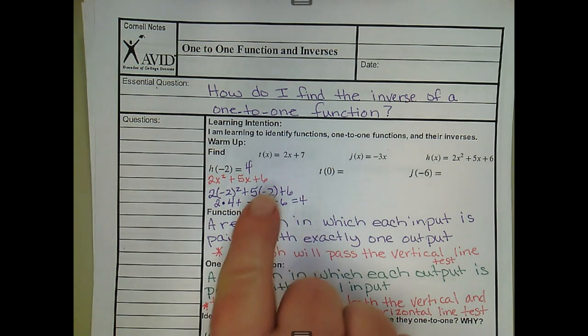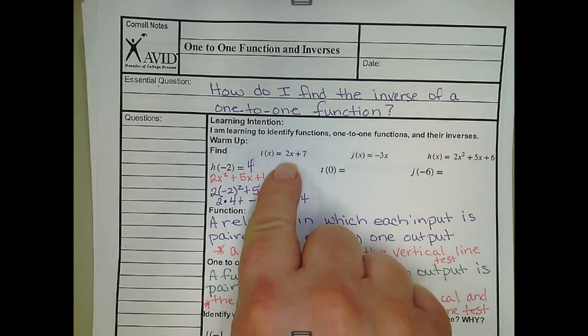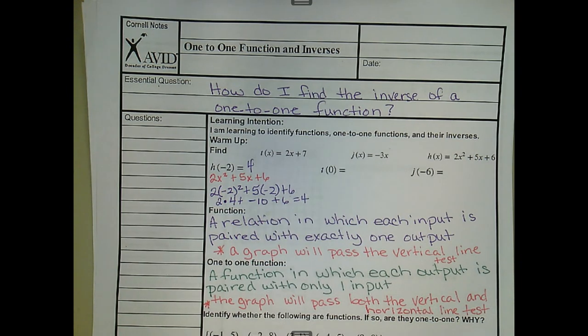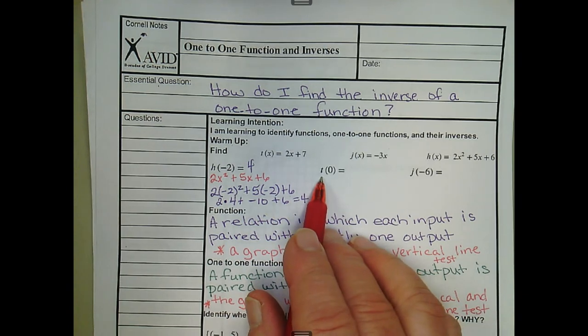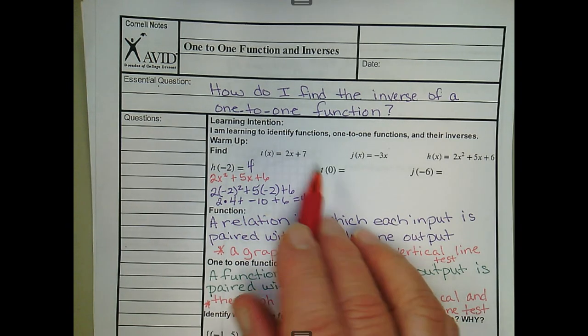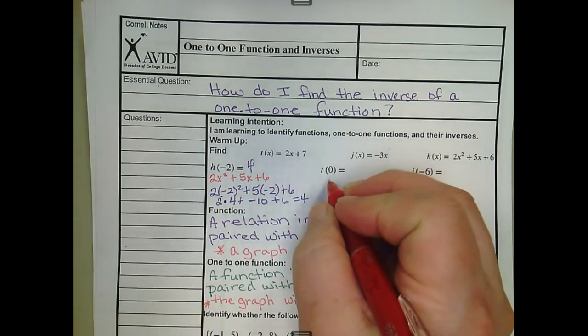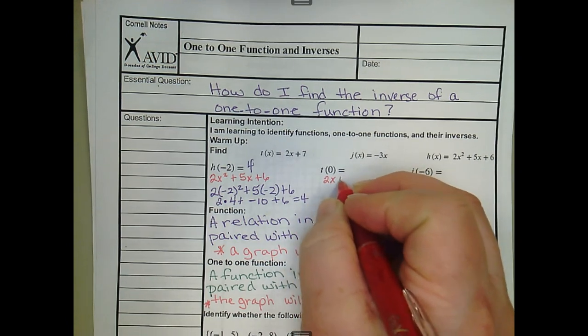The next one, we talked about the fact what happens when we put 0 in for x. What happens when we put 0 in for x? We're looking for the expression t. This is my expression t: 2x plus 7.